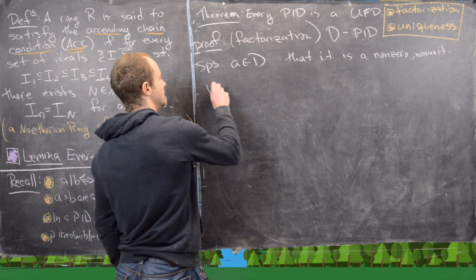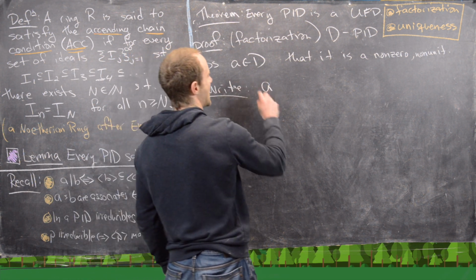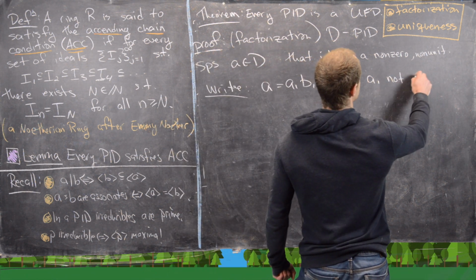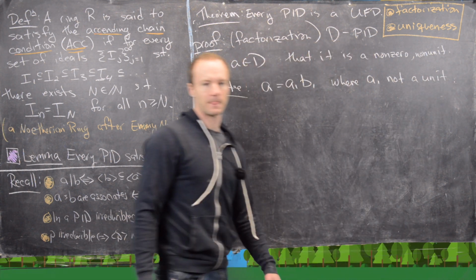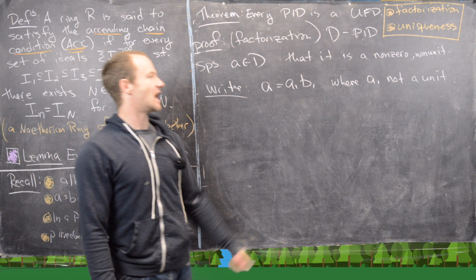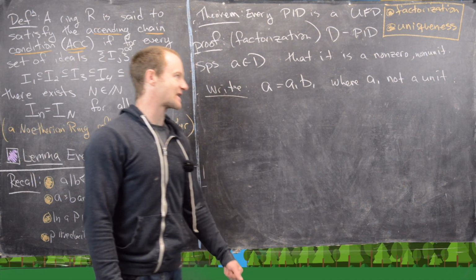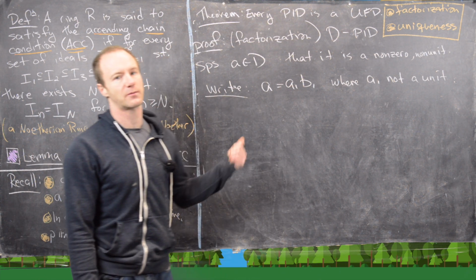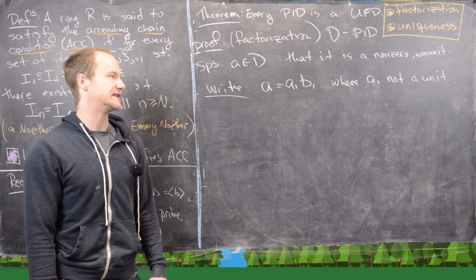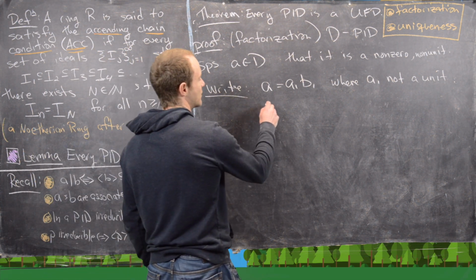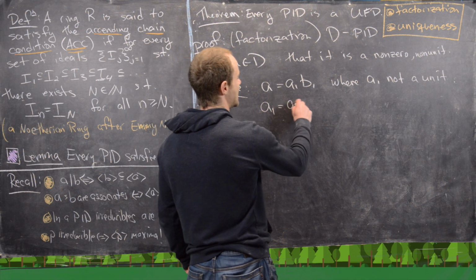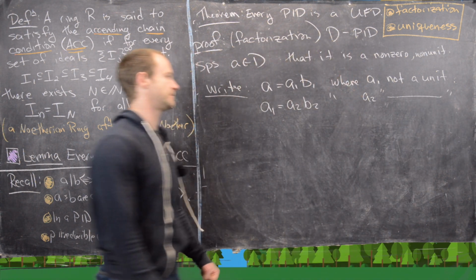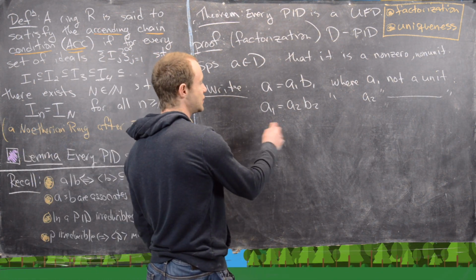Now the next thing that we want to do is write the following. So we'll write A equals A_1 times B_1, where A_1 is not a unit. Okay. So if A is not a unit, then we know we can factor it into two parts where at least one of them is not a unit. Because if both of them are a unit, then their product is a unit. So here we have A_1 is not a unit. Now the next thing we want to do is write A_1 as A_2 times B_2, where A_2 is not a unit. Okay? And then I think you can probably see where we're going here.